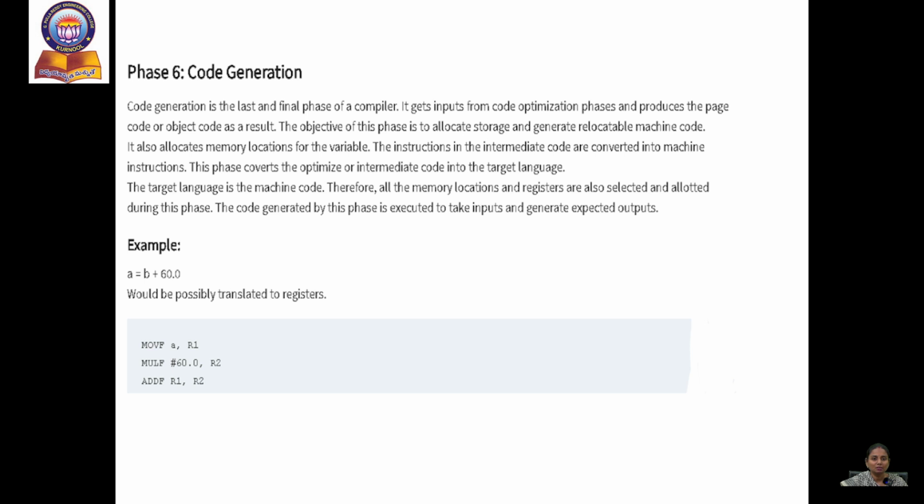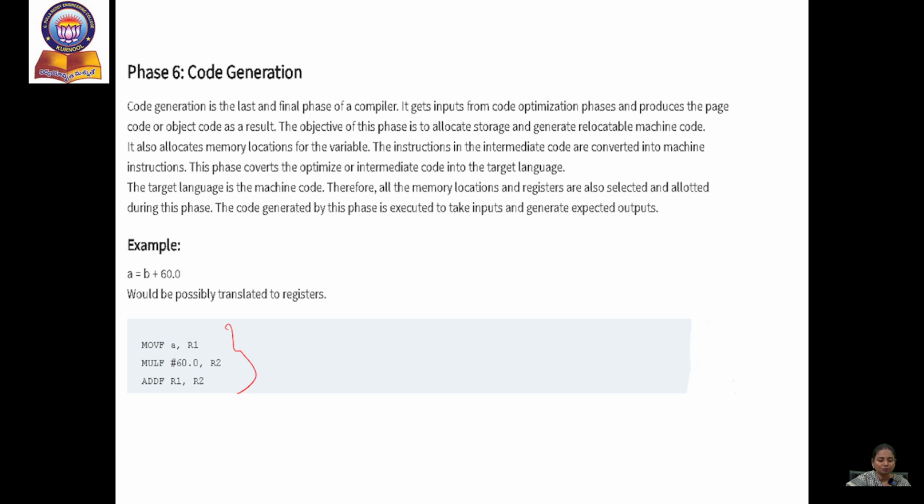So here you can see, up to now we have done transformation with the help of the high level language only. Now this high level language will be converted into machine level language, or we can call it an object code language. Here we have taken one statement like a is equal to b plus 60. This can be converted into assembly language, or we can call it mnemonics.